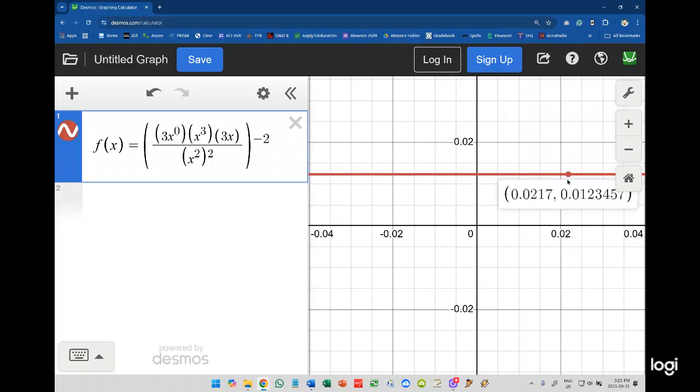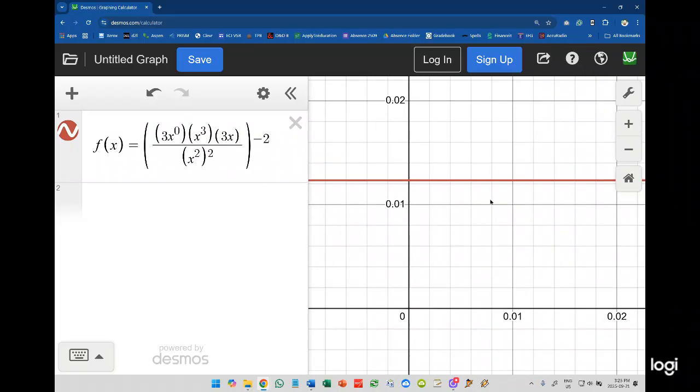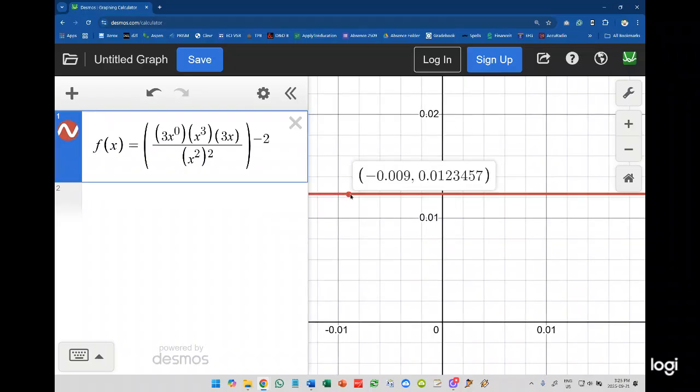Okay, so the y value is always going to be that, but we said that it wasn't defined at x equals 0. So let's see what Desmos says as I get closer to 0. It says the y value keeps staying the same, keeps staying the same, keeps staying the same. But right at 0, it says it's undefined.